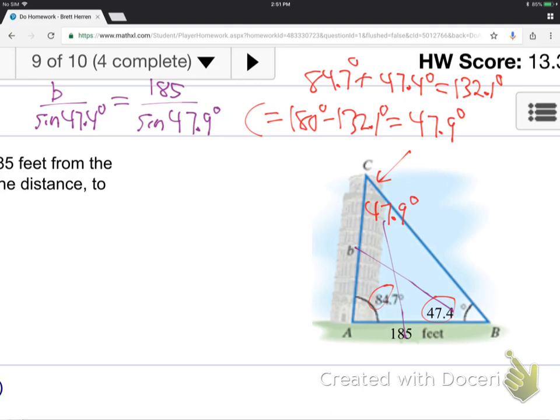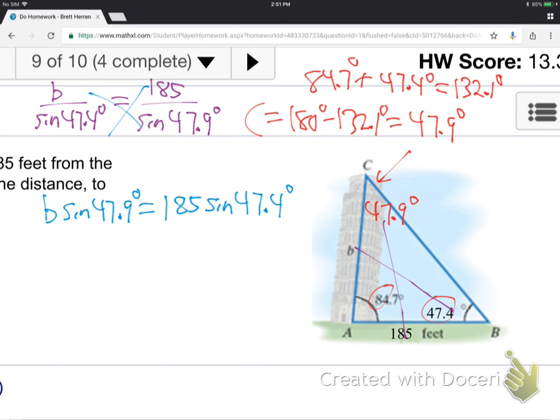Am I losing you? Is that good? Just normal law of sines, right? I found C by adding up the other two and subtracting from 180. Then I just set up law of sines, b over sine B, c over sine C. And then cross multiply, diagonal, diagonal. b sine 47.9 degrees is 185 sine 47.4 degrees. b is saying, I want to be alone.